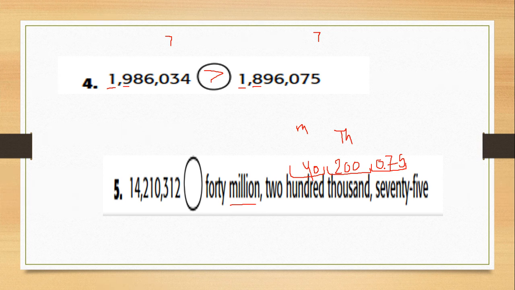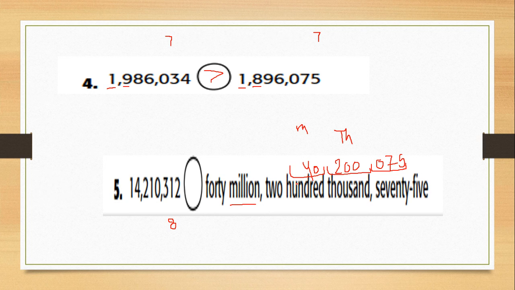Now let's compare. Let's count the digits in each number. Let's count together. 1, 2, 3, 4, 5, 6, 7, 8. So we have 8 digits here.